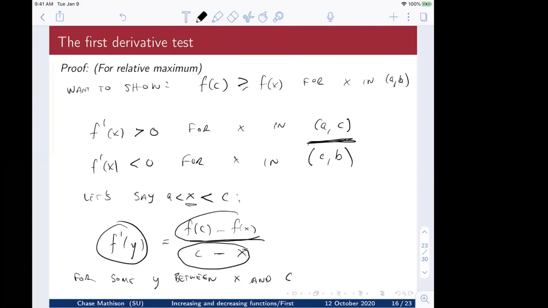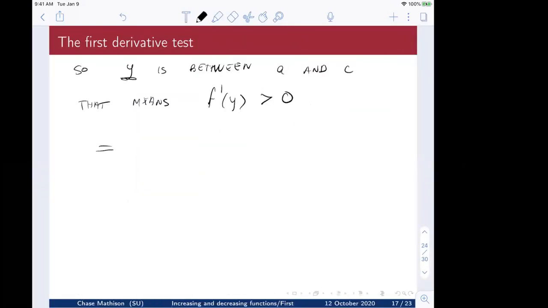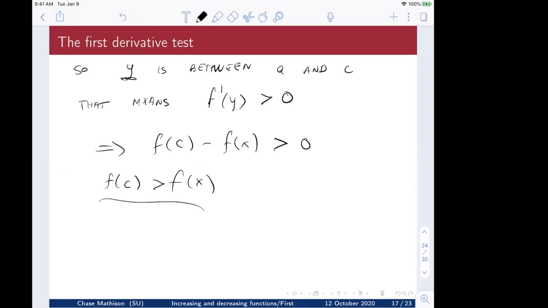So that means f of c minus f of x is bigger than 0, right? Or in other words, f of c is bigger than f of x, which is exactly what we wanted to show, at least halfway. Okay. But that really illustrates the whole idea of the proof. To save time, I'm going to say that we're basically done.